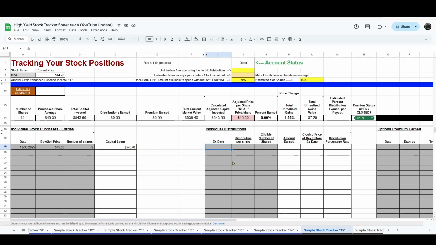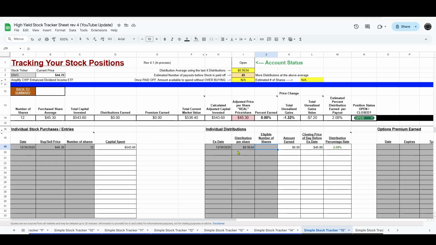Now, there was a distribution that did pay out on 12/30, and that distribution amount was 0.953397. And how many shares can I count? Do I get to count those 12 shares? Well, if you look at those dates, and this is the ex-date of 12/30, I have to own my shares before 12/30, but I purchased them on 12/30, so I do not get to account for any of those shares for this distribution.